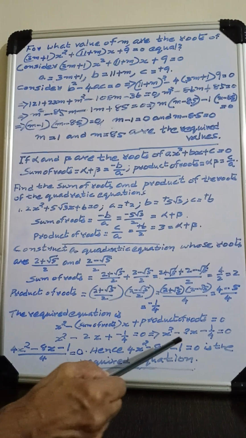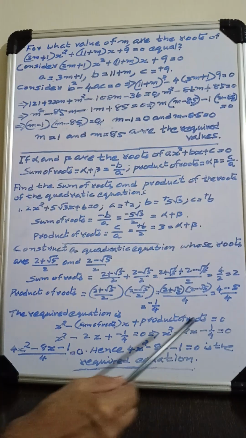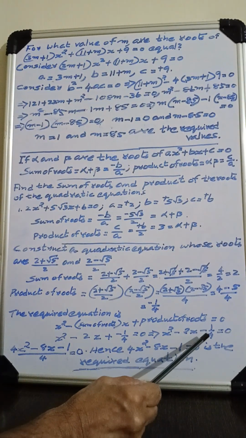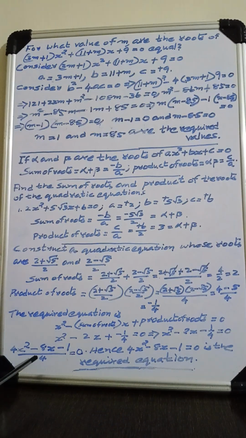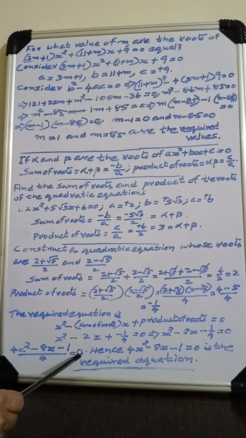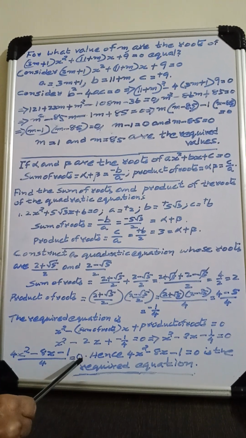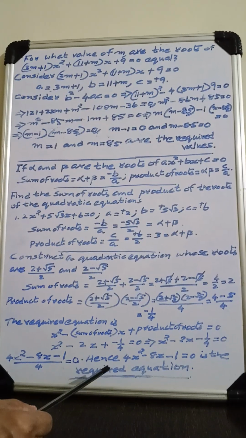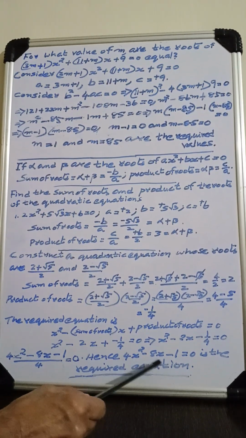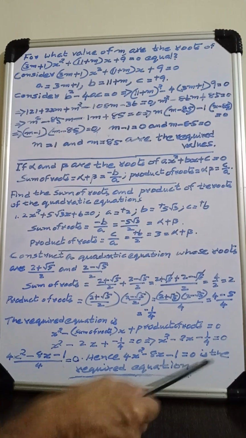That is x squared minus 2x minus 1 by 4 equals 0. Taking the LCM, 4x squared minus 8x minus 1 equals 0. Cross multiplying, the 4 eliminates 4 into 0, 0. Hence, we get the clean quadratic equation 4x squared minus 8x minus 1 equals 0.